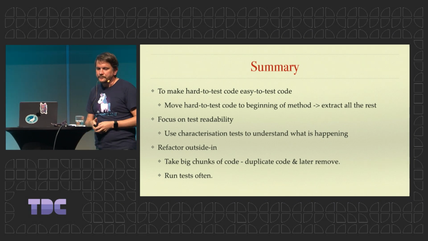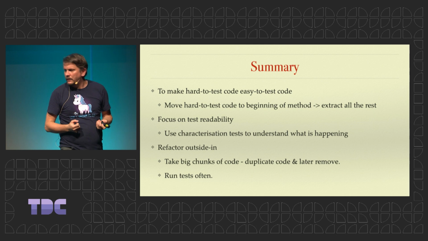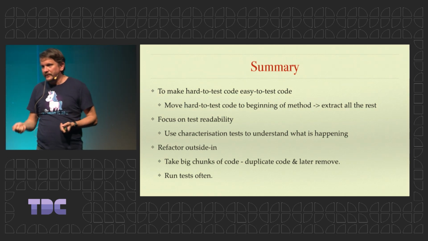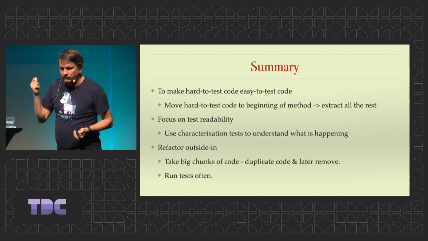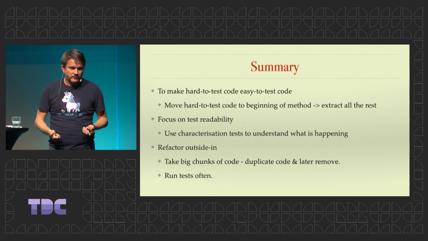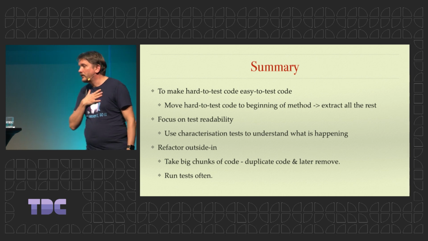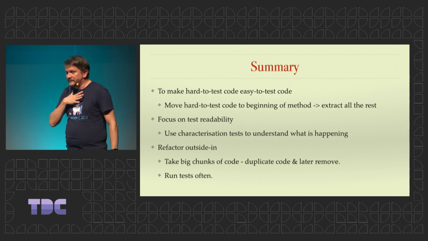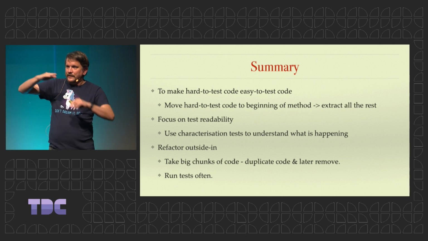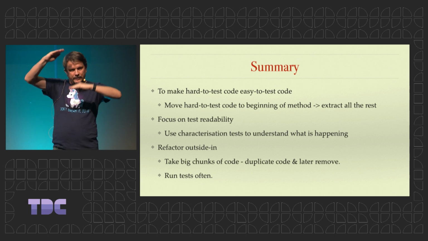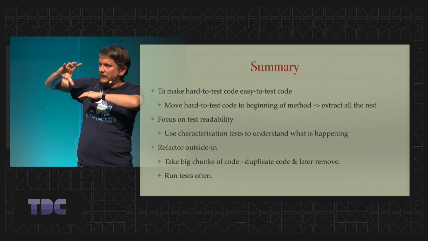So to summarize, transforming hard-to-test code to easy-to-test code: please use your IDEs. I trust my IDE to do these things. There are these 2 tricks. One is moving the hard-to-test code up and down and extracting everything in the middle.